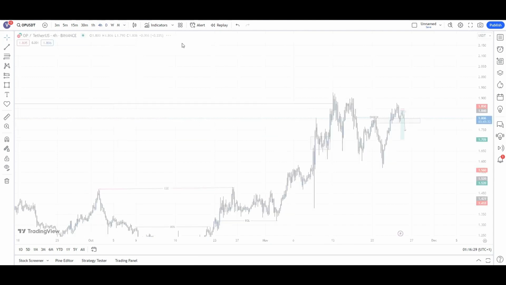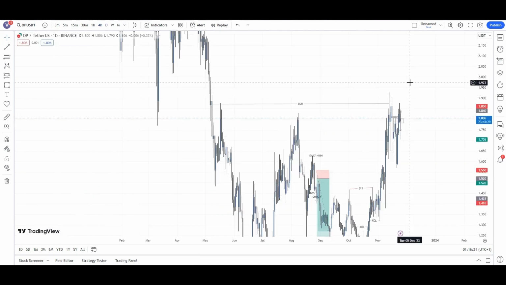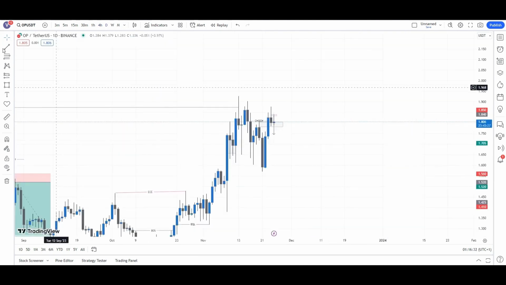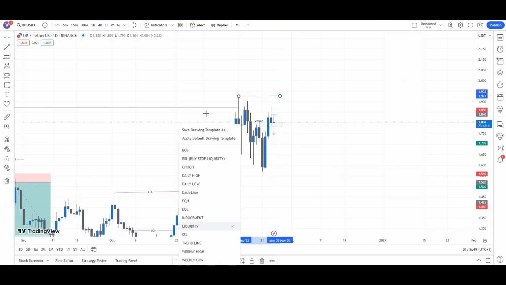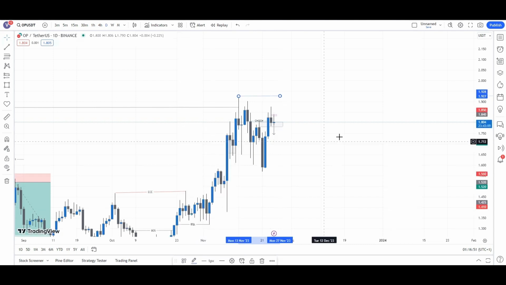All right, let's go down to the daily time frame here, so we'll see things clearly. So now price actually gave us something like a daily high here. Let me indicate this as a daily high. Okay, so we'll call this the daily high.